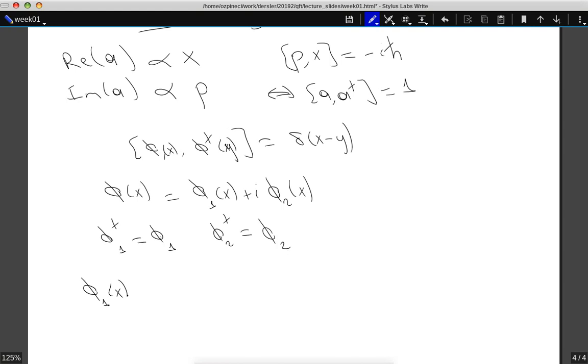Well, let's see phi 1 of x, phi 2 of x. Let's look at their commutator. This is equal to, phi 1 is phi plus phi dagger divided by 2.